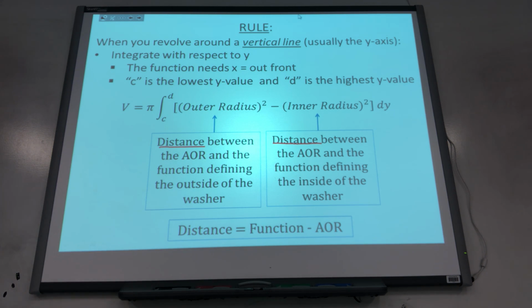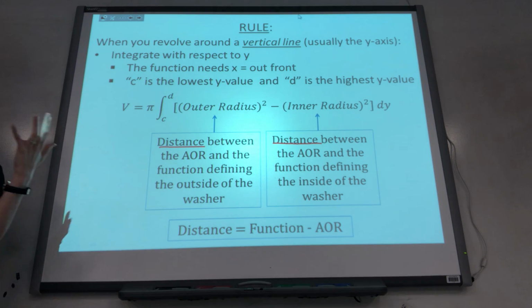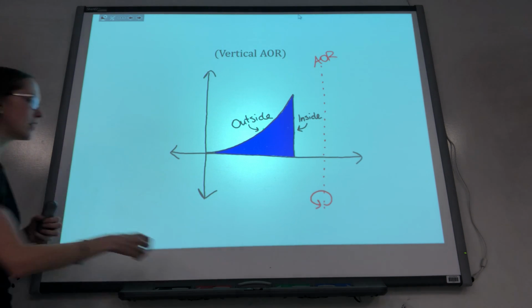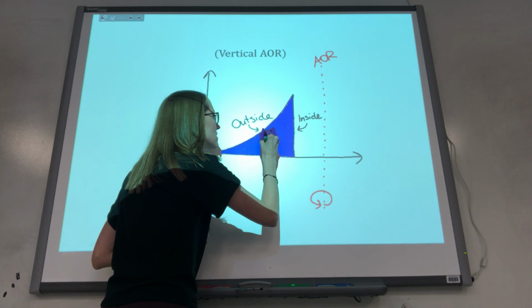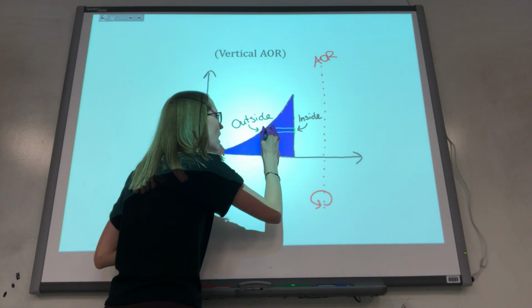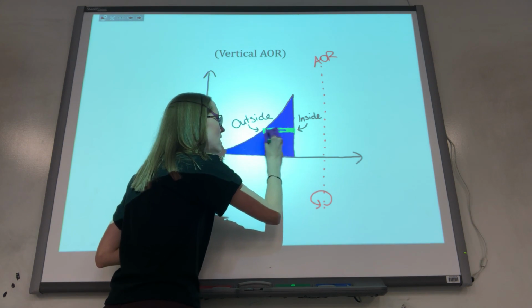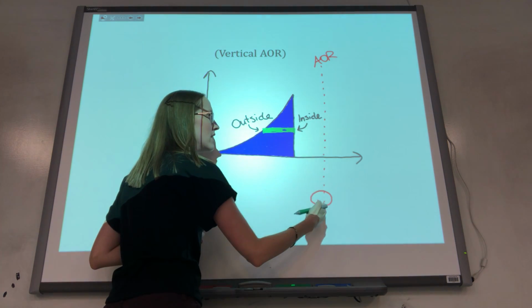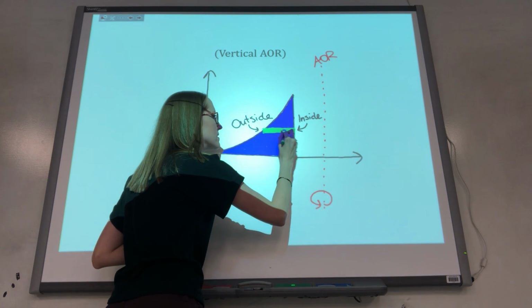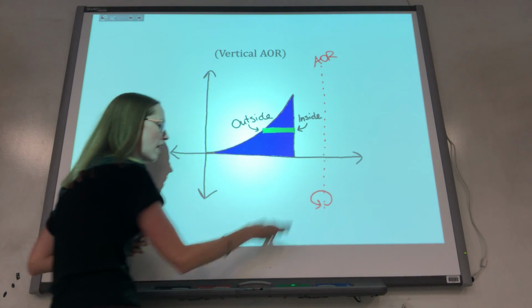Okie doke. And I'm going to go ahead and put just a little visual up here of what this is going to look like. You don't have to copy this down, but I'm going to put my rectangle here. It looks like it kind of got covered up. You can see the axis of revolution right here. I'm not sure what it is exactly, but it's a vertical line.